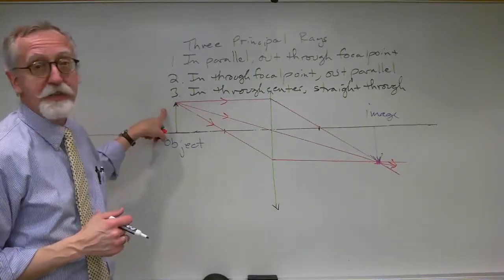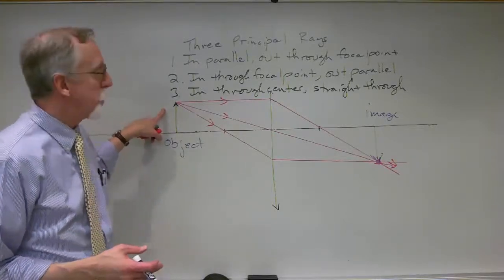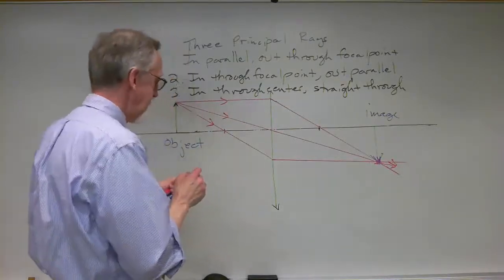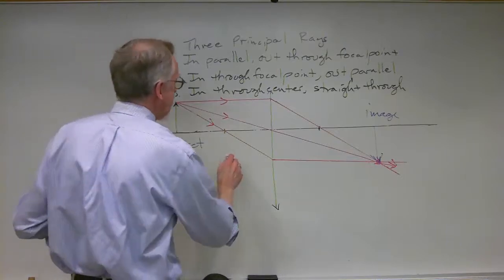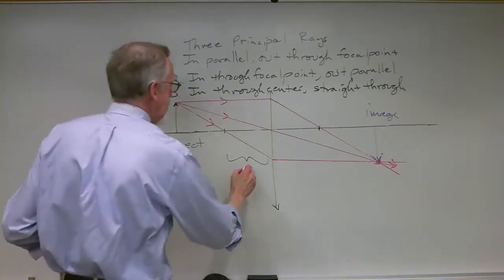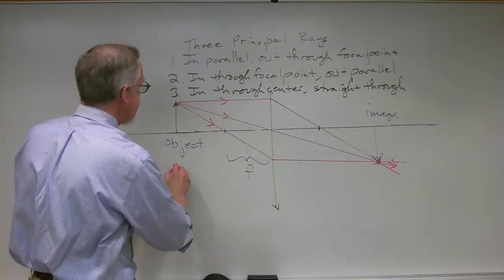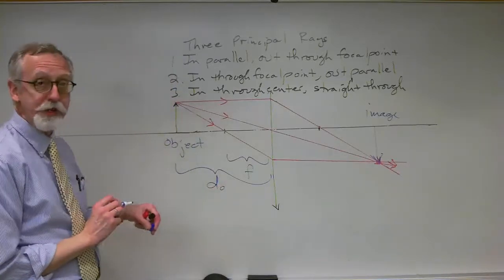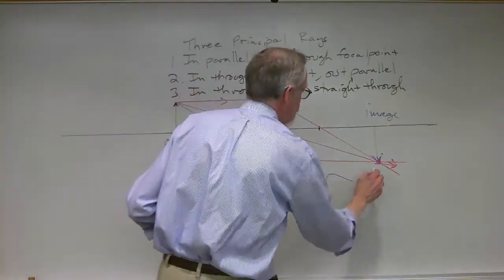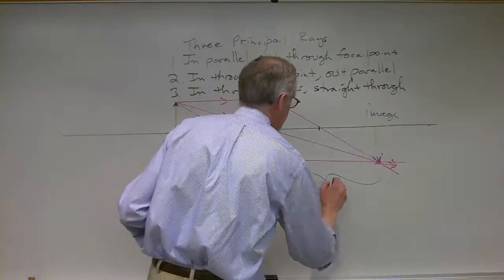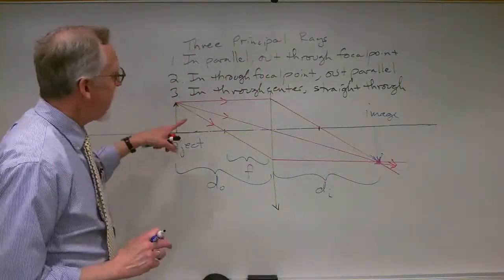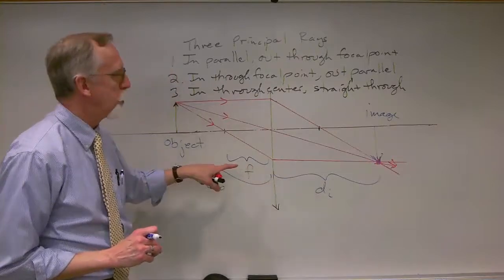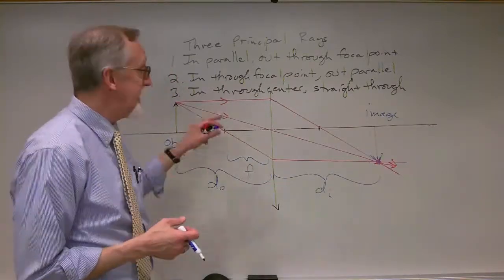Now it turns out we can analyze this in the same way that we did with the mirrors, using a relationship that will describe these distances and the focal length of the lens. If we define, as I did before, the distance from the focal point to the lens, f, our focal length, the distance from the object to the lens, dO, our object distance, and the distance from the lens to the image, di, our image distance, then the relationship between the object distance, the image distance, and the focal length follows what we will call the lens equation.